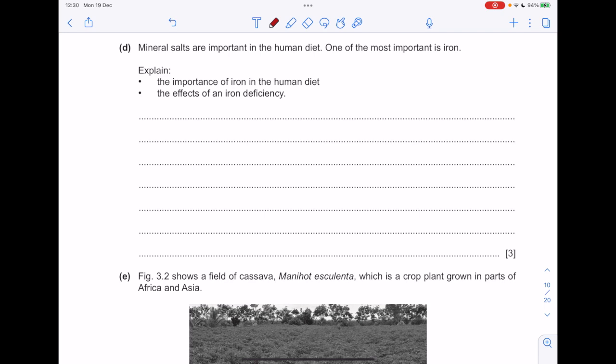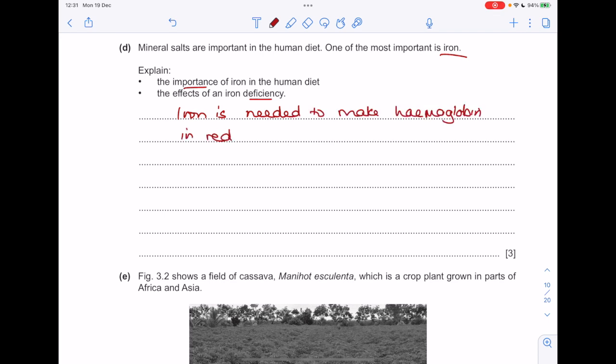Mineral salts are important in the human diet. One of the most important is iron. Explain the importance of iron in the human diet and the effects of iron deficiency. So iron is needed to make hemoglobin in red blood cells, so that oxygen can be transported.